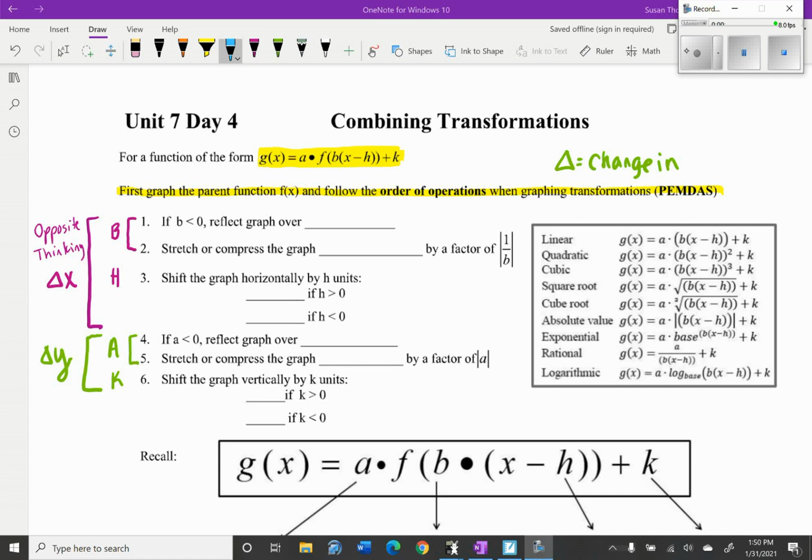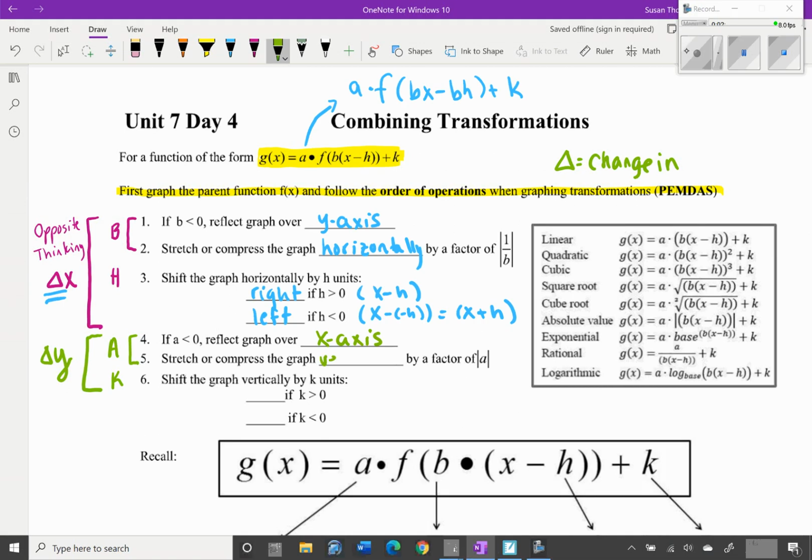Then we have our vertical movements. So we have our a value, which is on the outside. So if a is less than 0, it reflects the graph over the x-axis, or it's going to stretch or compress the graph vertically by a factor of the absolute value of a.